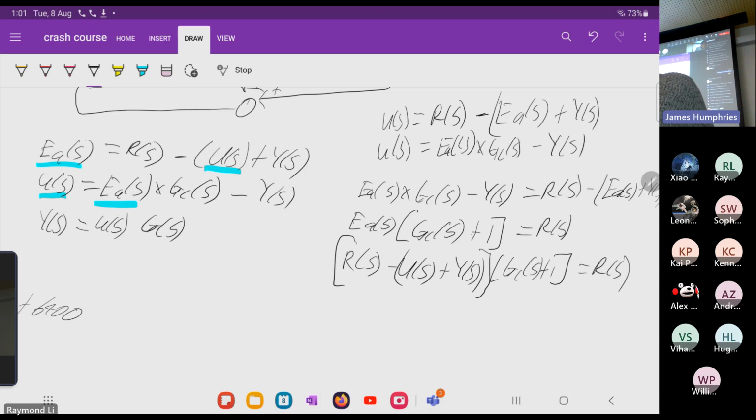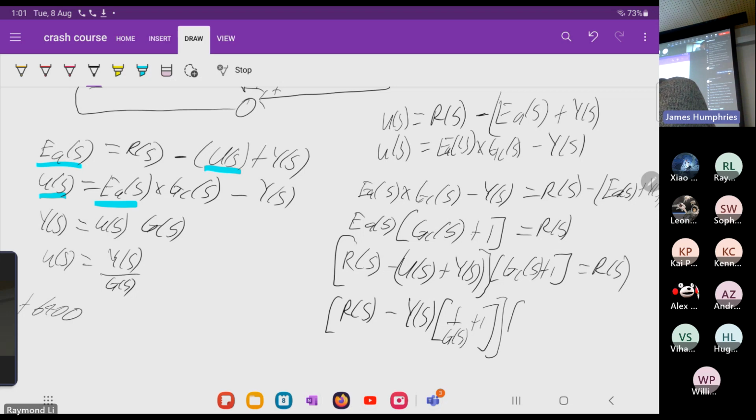Okay, and so now we have our U of S. We know that we can replace U of S with Y of S on G of S. So then we're going to have R of S minus Y of S outside of 1 on G of S plus 1. Okay, and then that's going to have a bracket there. GC of S plus 1 is equal to R of S.